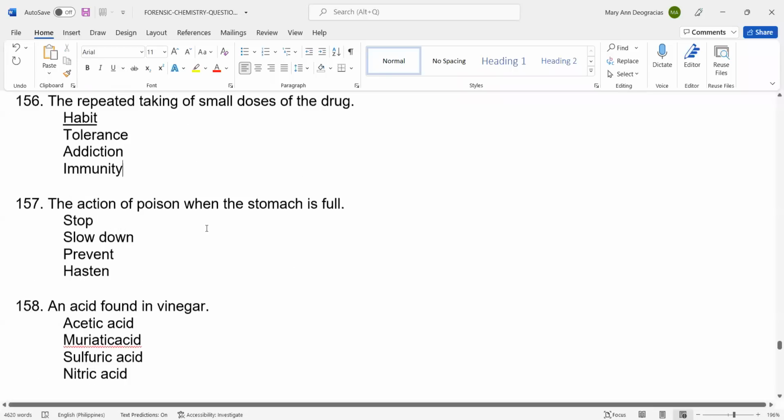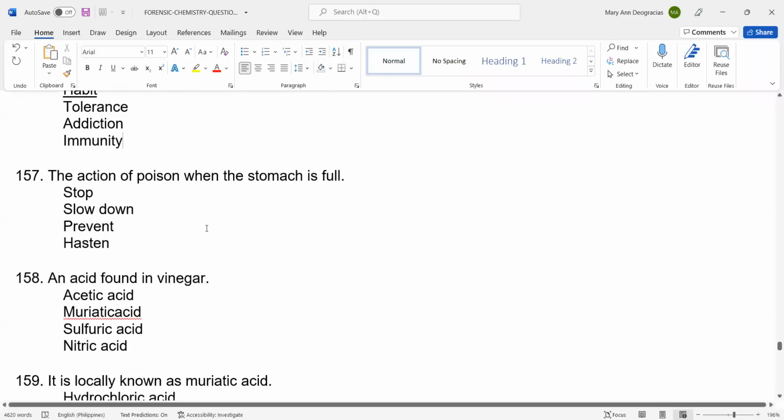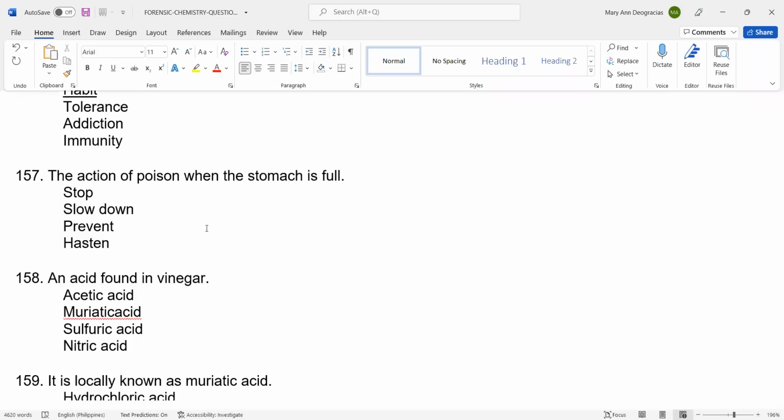Okay. Action of poison when the stomach is full. Letter A, will it stop the poison? Letter B, it will slow down the effect of poison. C, it prevents the poison. Or D, it hastens. Hasten means pabibilisin niya. Which is the best answer here? Okay, letter B. Magkakaiba kayo ng sagot.